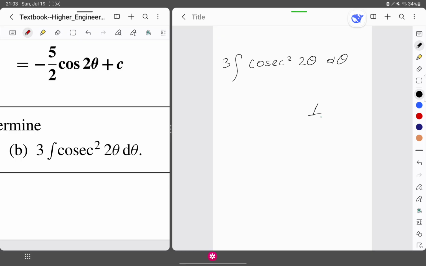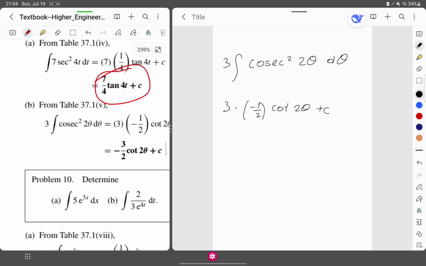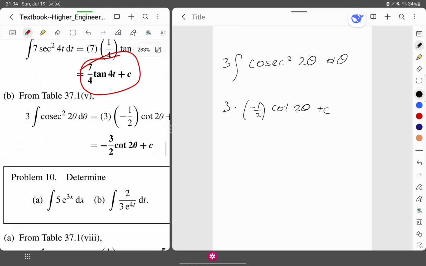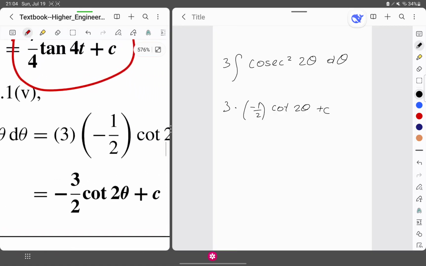It will be negative cot. Yes, negative 1 over 3 cot 2 theta plus c. Is that true? Yeah, good job. I really got it.